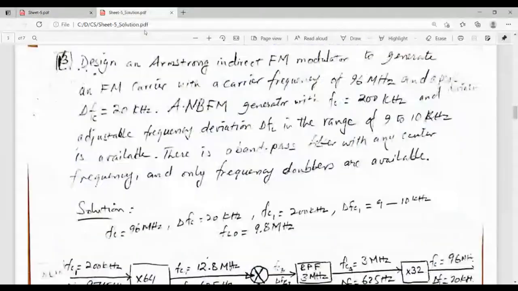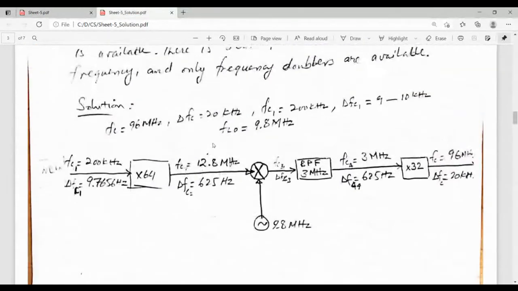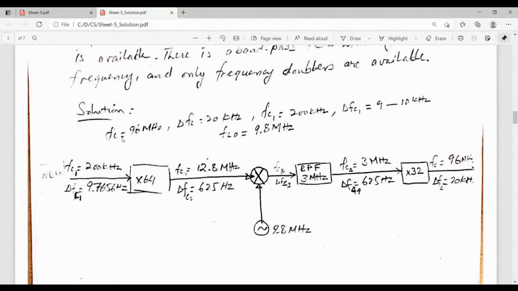So coming to the solution for this, we have been given all these values: carrier frequency and deviation, local oscillator frequency, FC1 and delta FC1.